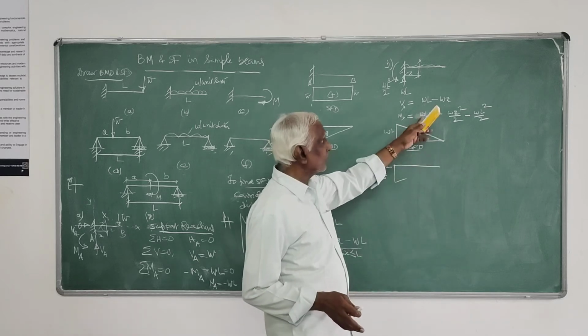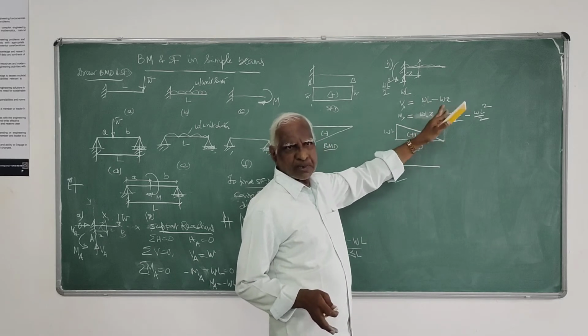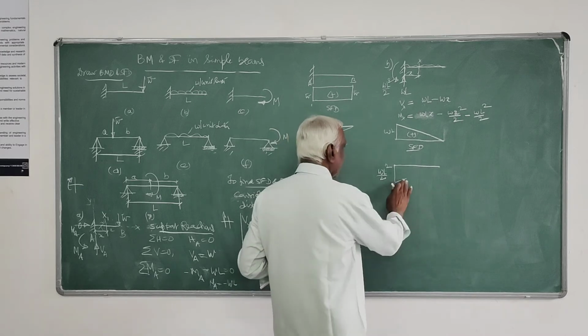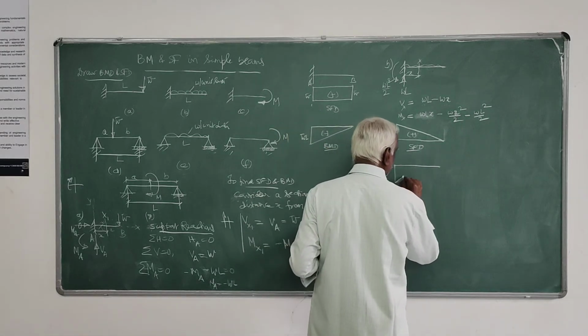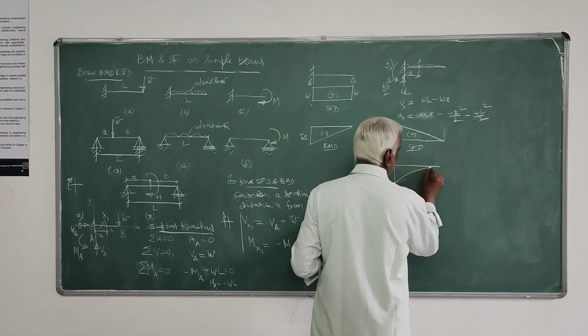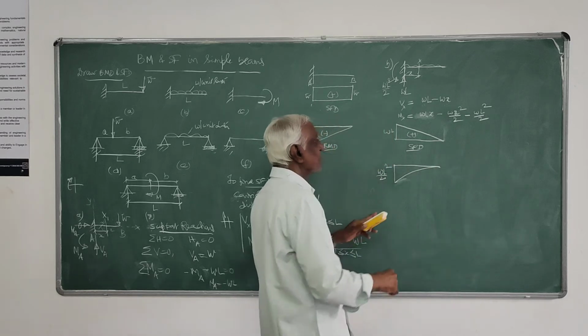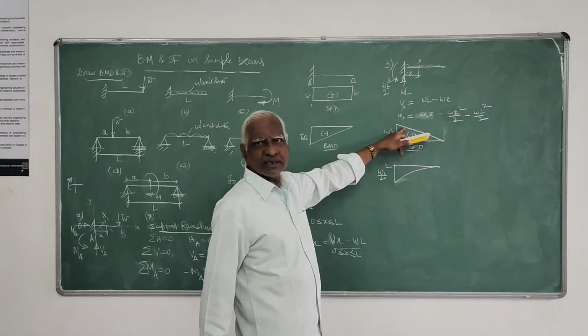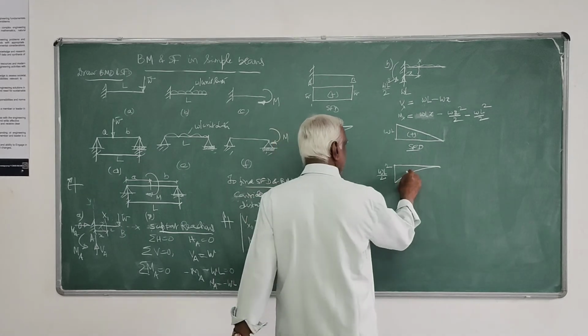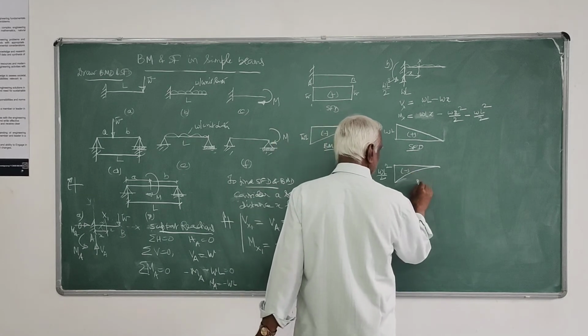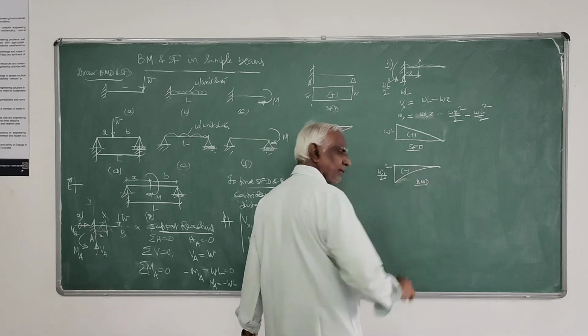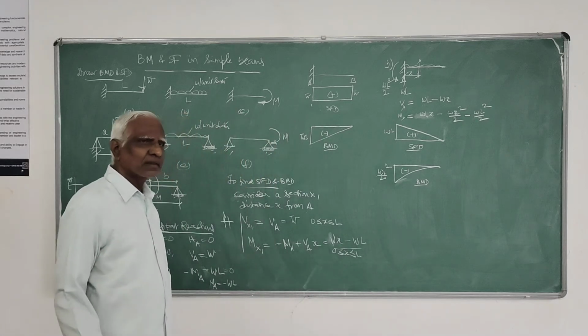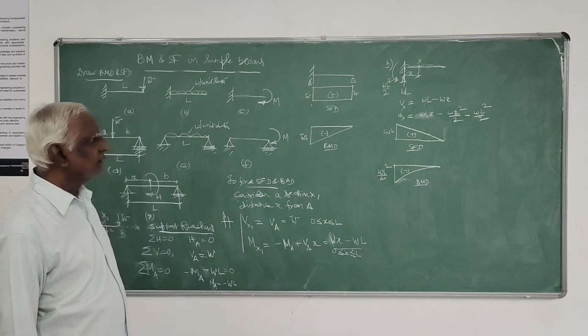It is the y equals ax square plus bx plus c form. It is a parabolic or second degree curve, so we show it as a curve instead of a straight line. So this is negative. This is your bending moment. That's all the principle. Right?